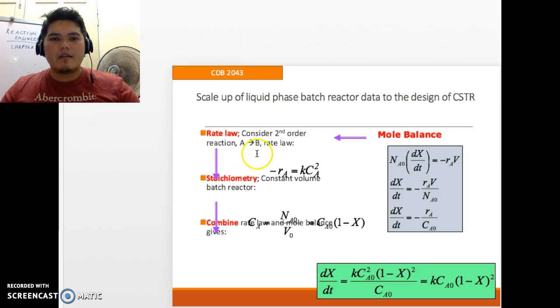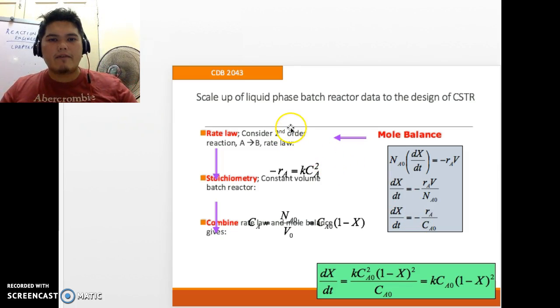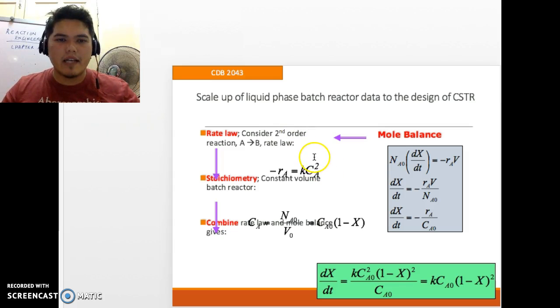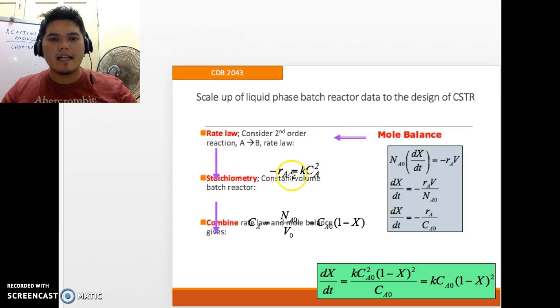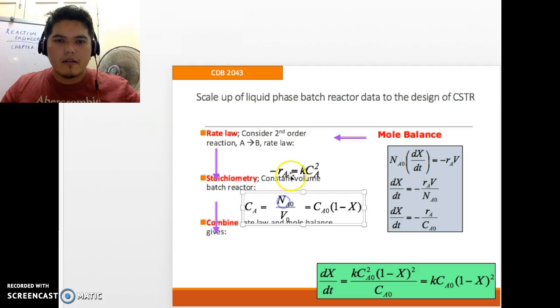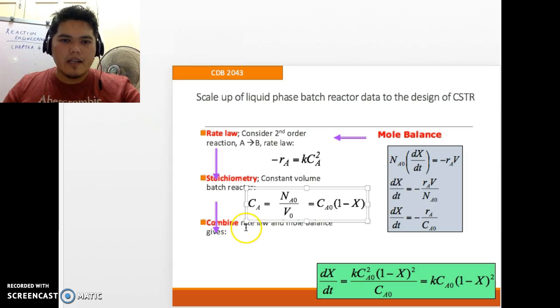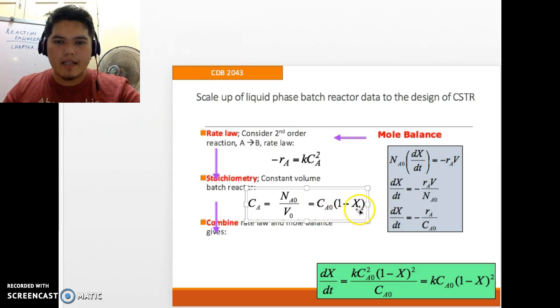For the second step, we already know about the mole balance. You have already simplified the terms such that dX/dt equals negative RA over CA naught. But now, when we move to the rate law, let's say we assume a second order reaction from A to B, which means that negative RA equals KCA squared. Okay. And then when we move to chapter 3, which is on stoichiometry, you know that CA equals NA naught over V naught times 1 minus X, equals CA naught (1 minus X).